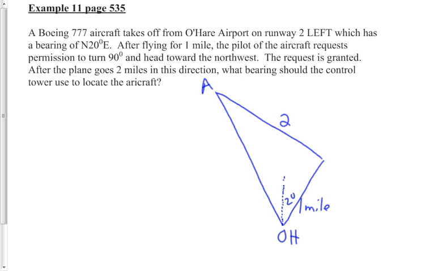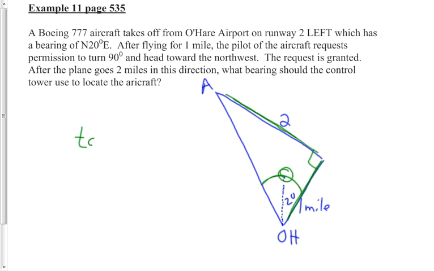Well, we need to figure out what this whole angle is in here. I'll put theta right in there. We're going to figure out that entire angle. Here's the right angle. With respect to that angle theta, we have the adjacent side and the opposite side. So we're going to use tangent.